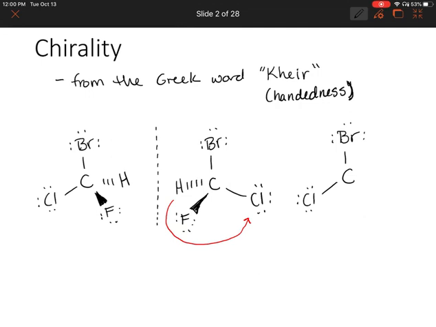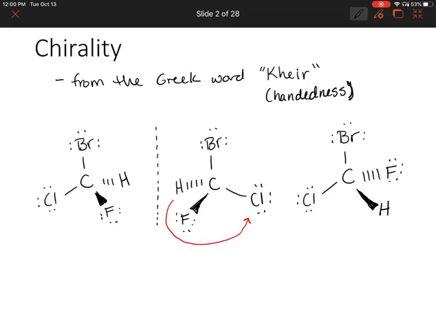So when we do this, the chlorine is going to shift over to the left-hand side. The hydrogen was a dash bond, so it was behind the plane, but when we turn it, now it's going to come out in front of the plane. And fluorine is going to be behind the plane.